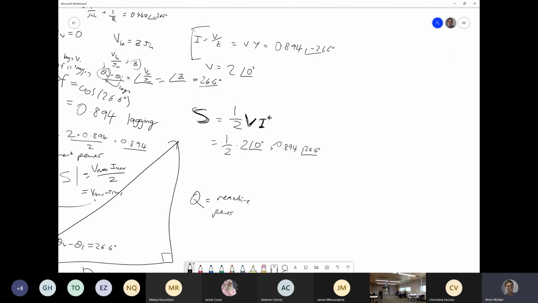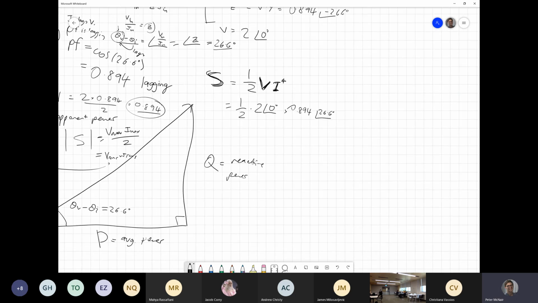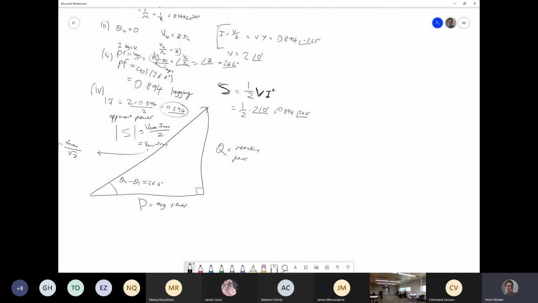It's not RMS. This is just the actual value, and then we can use that to find P and Q. So this is equal to mod S cos theta, and this is mod S sine theta, just by simple trig. So mod S cos 26.6 degrees, 0.092 watts.